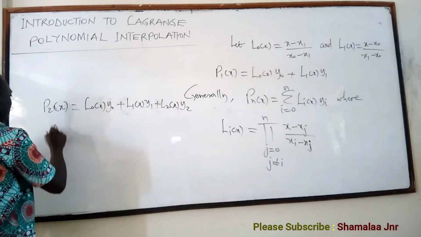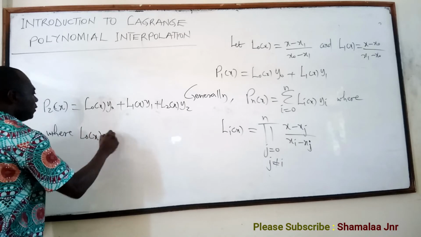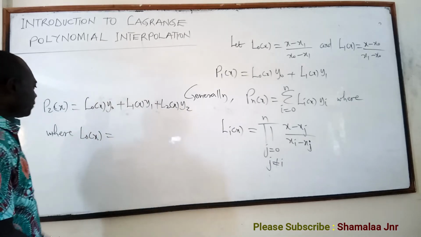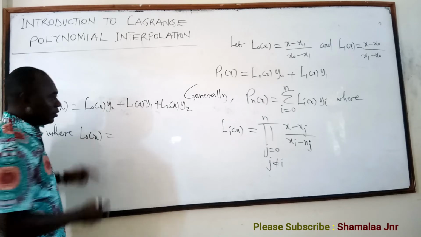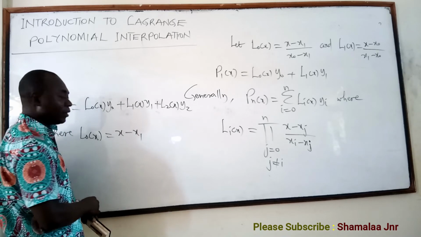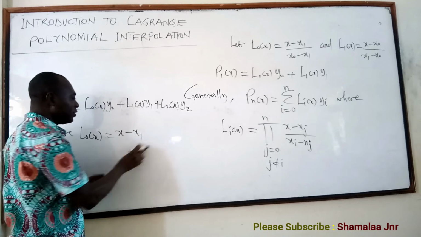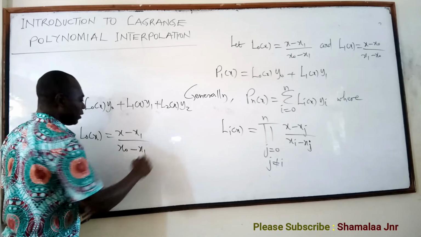Where L0 of x is equal to, look on the board. As soon as you say L0 of x, it means that i is 0. So this one will be x minus x1. j will have to start from 1 because 0 has already been taken by i, all over x0 minus x1.